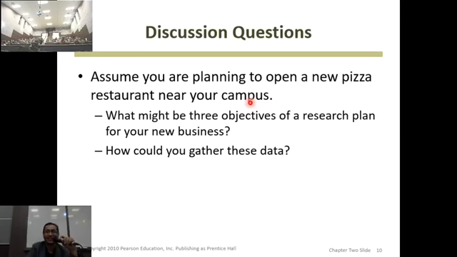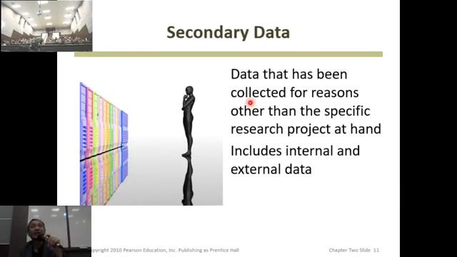Okay, example. Now let's look at this, which I've actually mentioned before. Secondary data is data that has been collected for reasons other than the specific research project at hand, and includes internal and also external data. Basically, this is, for example, data from Bank Negara, data from the Statistics Department, and so on.